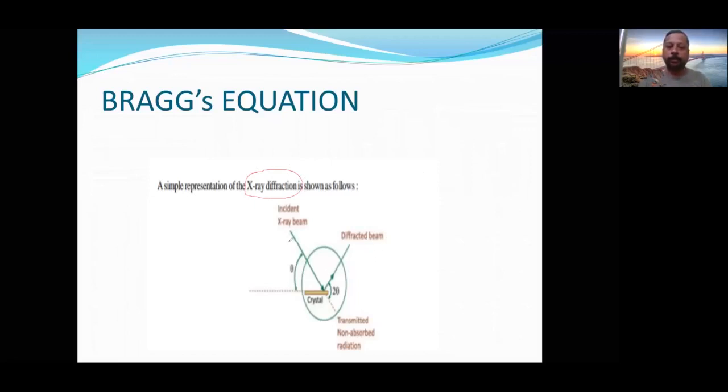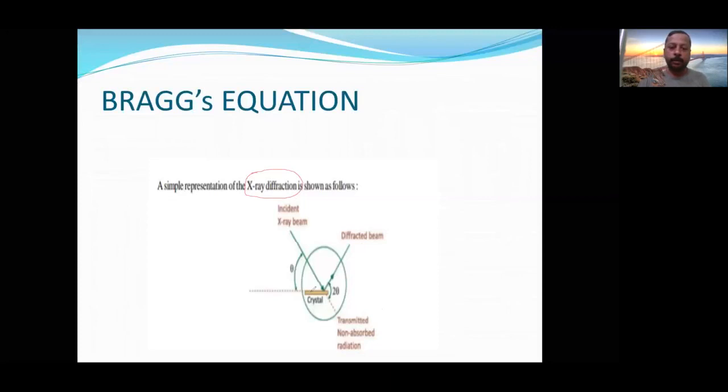Before understanding Bragg's equation, you should know there are two types of beams: one is called a transmitted beam, and the second is called a diffracted beam.